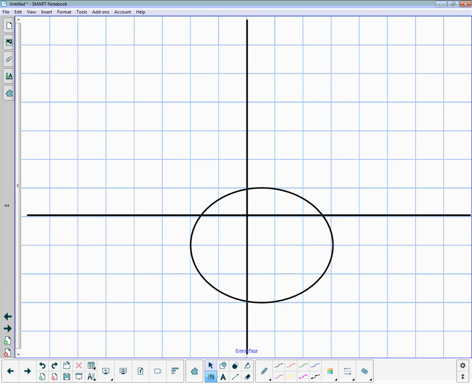Domain. X's go, what? What's my minimum X value? Smallest X value, the window that it lives in. Thank you very much. Exactly right. -2.